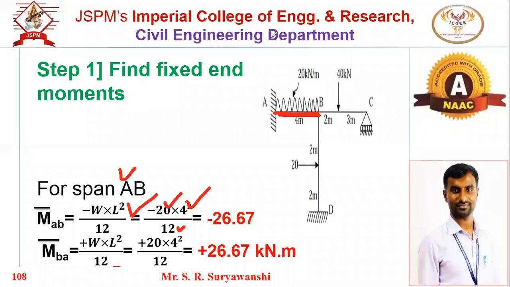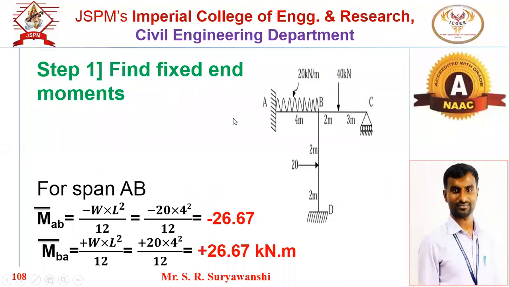The moments will be equal and opposite, that is minus 26.67 and plus 26.67 kilonewton meter, because the loading is symmetrical UDL on member AB.